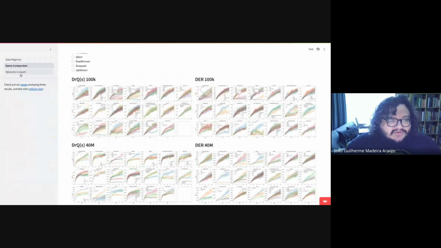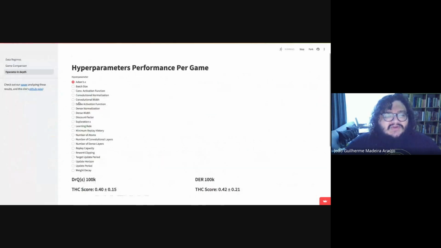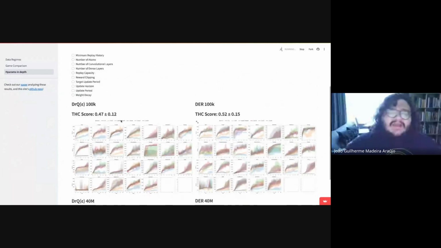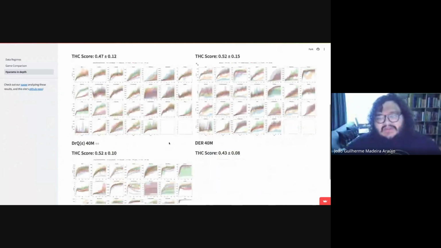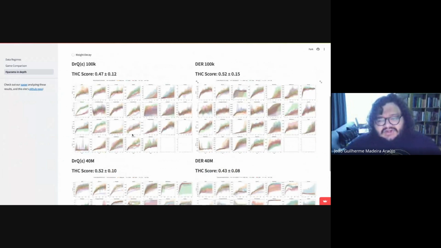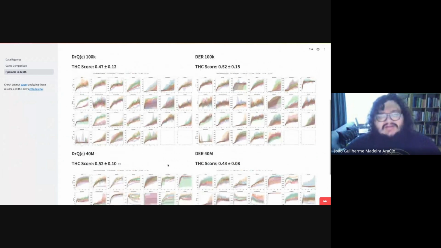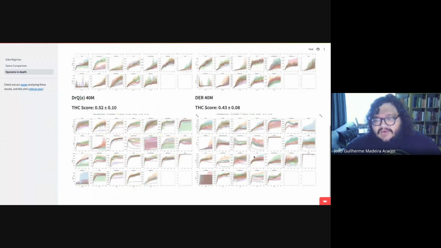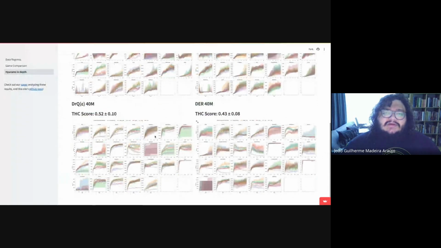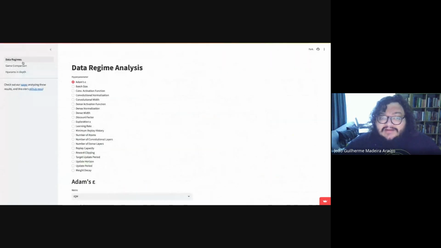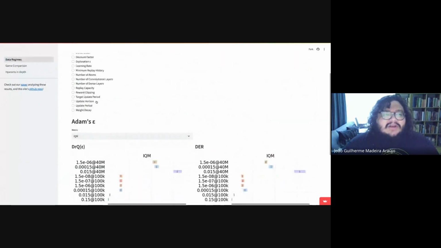And you can also go to hyperparameters in depth, and here you can choose a hyperparameter, and you get your THC score for that hyperparameter for each one of the different data regimes and agents. And then you can look at the environments and compare how well different hyperparameters do in each one of the environments. So yeah, it's a lot of data.